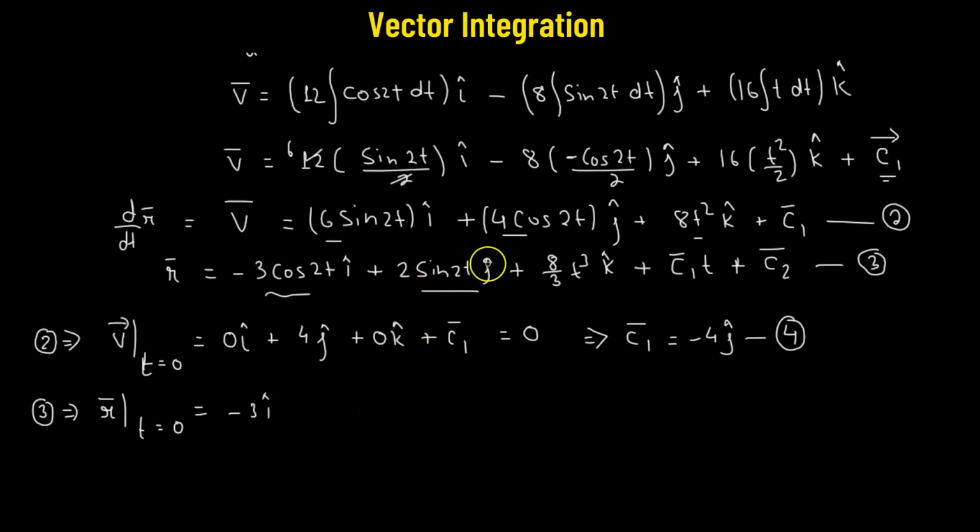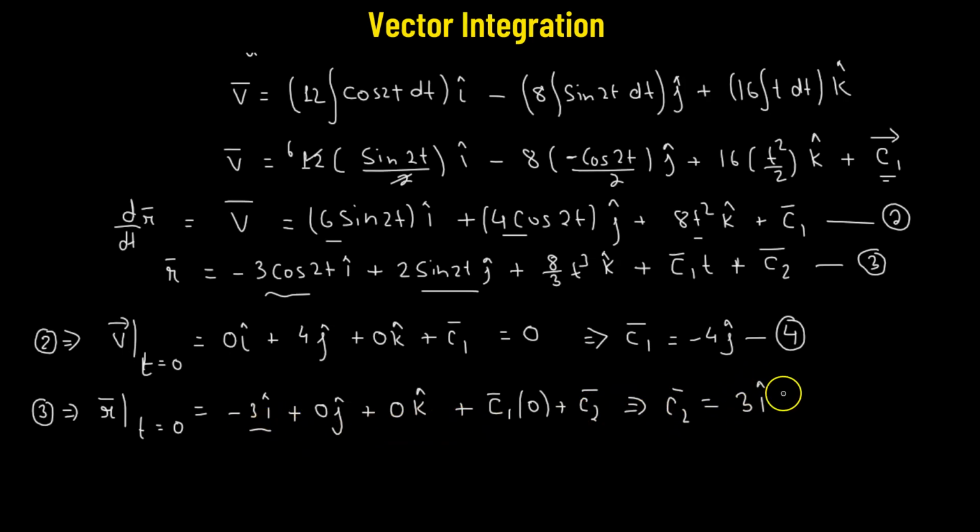The y component will be 0 because we have sine 2t, so this will be 0 j cap, plus 8 over 3 times 0 cubed, so that's 0 k cap, plus c1 vector times t. So this will be c1 vector multiplied by 0, plus c2 vector. Solving for vector c2, all the terms are 0 except the x component, so c2 vector will be positive 3 i cap. Let's label this as equation number 5.